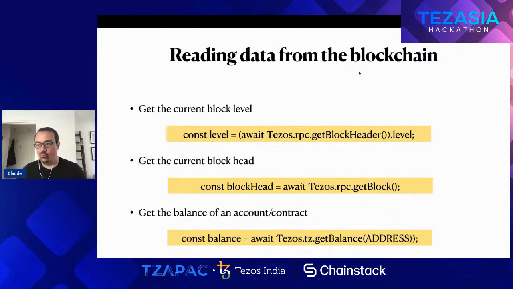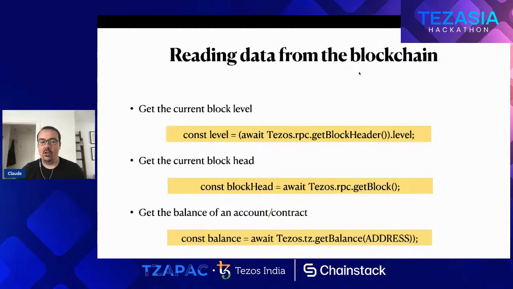So we're going to start seeing some of the things that you can do with Taquito. If you remember, the first feature that we talked about was reading data from the blockchain. That instance of the TezosToolkit that we created on the previous slide is going to expose different methods and properties that you can use to read data from the blockchain.